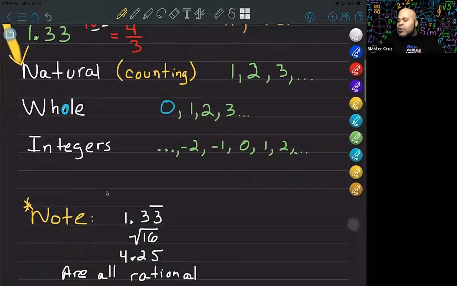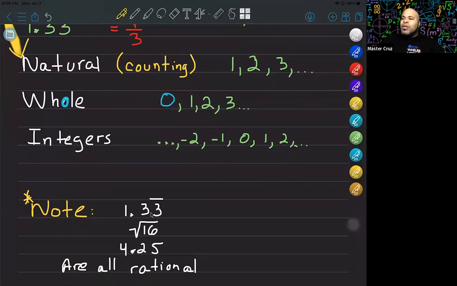Just as a quick note, 1.333, because it keeps repeating, is rational. The square root of 16, is it rational or irrational? Well, can the square root of 16 be written as a fraction? What is the square root of 16? It is 4, because 4 times 4 is 16, right? And 4 can be written as a fraction, as 4 over 1. We know that's a rational number. So yes, the square root of 16 is rational.